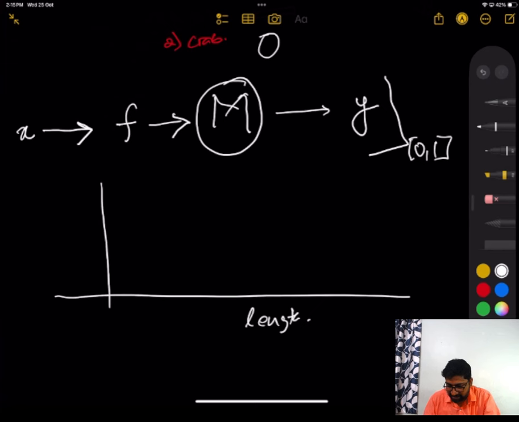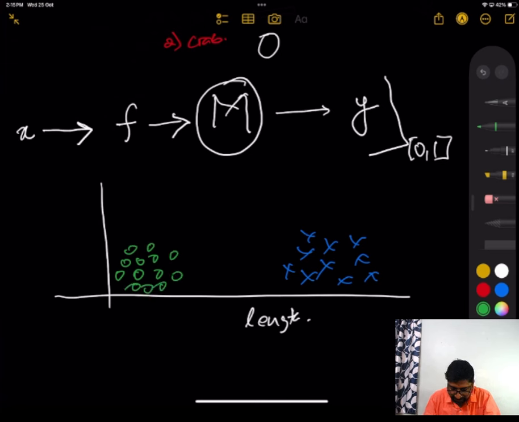If the length is high, then it can be classified as a fish. So this object can be treated as a fish, whereas a smaller object can be considered as a crab.